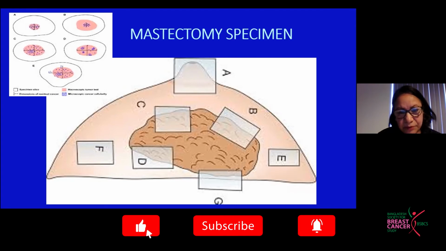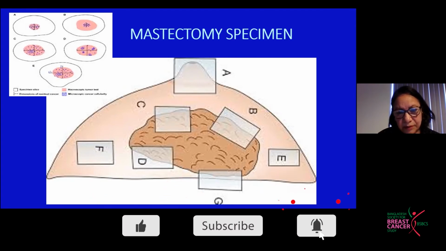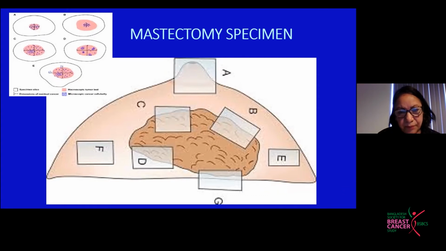It's very important to take the deep margin, especially when the tumor is on the deeper aspect of the breast. Also, we take sections from all 4 quadrants of the breast, including the apparently normal-looking breast tissue, to look for any DCIS or any early breast cancer.